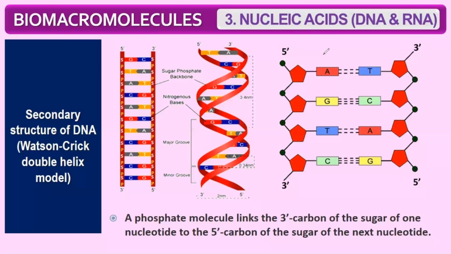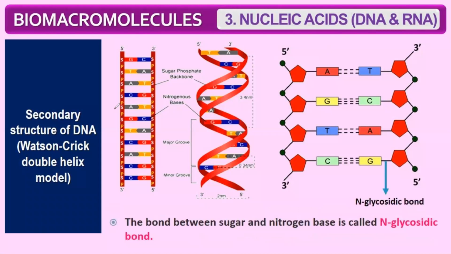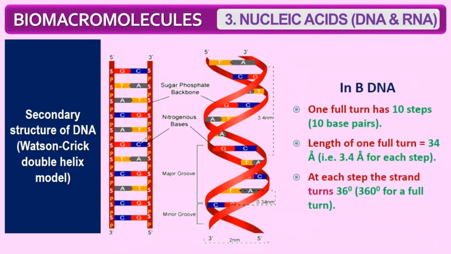That's why it leads to the formation of the 3' to 5' linkage. The bond between phosphate and OH group of sugar is an ester bond. As there is one such ester bond on either side, it is known as a phosphodiester bond. The bond between sugar and nitrogen base is a glycosidic bond.